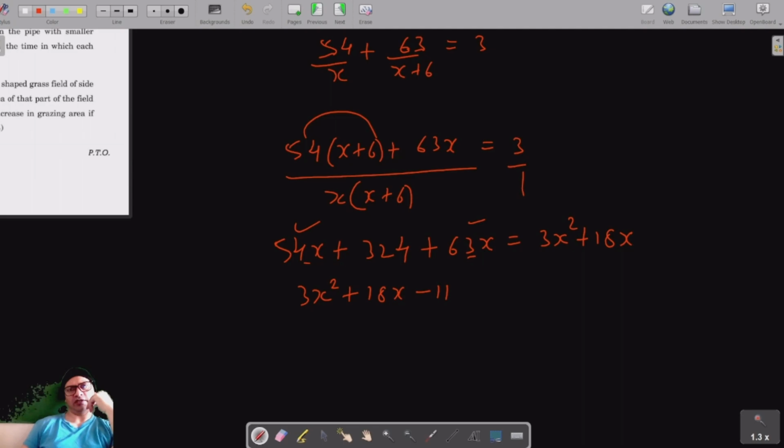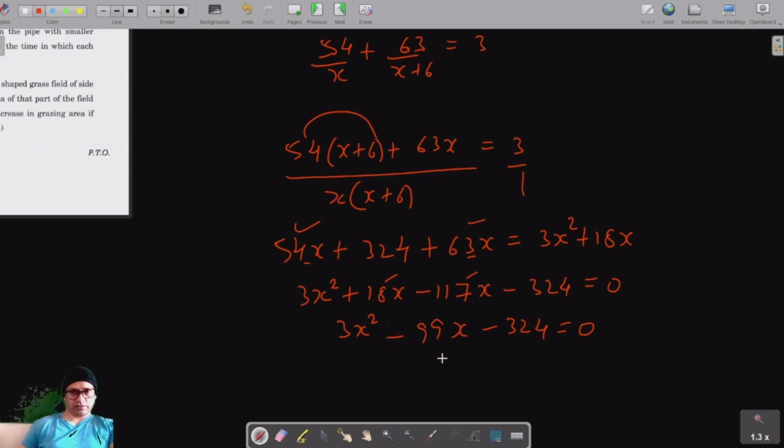If I shift this to the right hand side, this is negative 117x minus 324 is equal to 0, which gives me 3x squared minus 99x minus 324 is equal to 0.